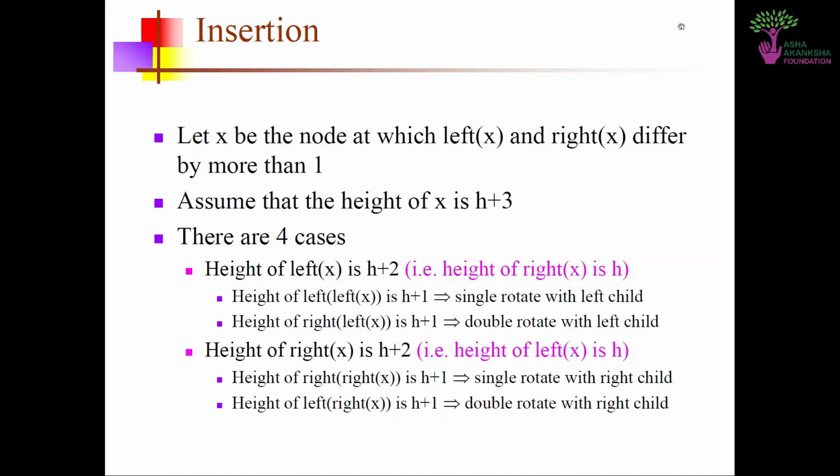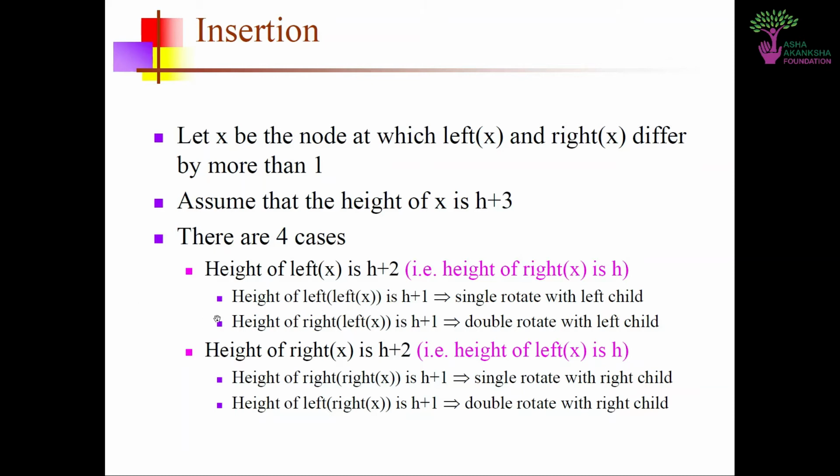So we know that the height of left is 2 greater. If we just ignore the right for now, we come to the left tree. We come to the h plus 1 level, and then we check whether the h plus 2th level is on the left child or the right. If it is on the left, we perform a single rotation. If it is on the right, then we have to perform a double rotation with the left child.